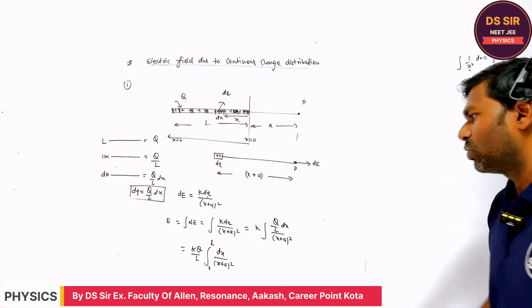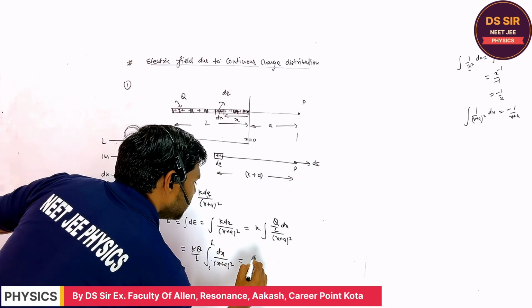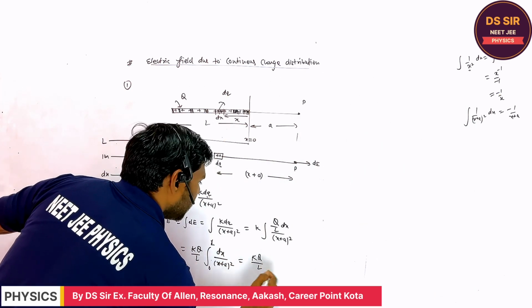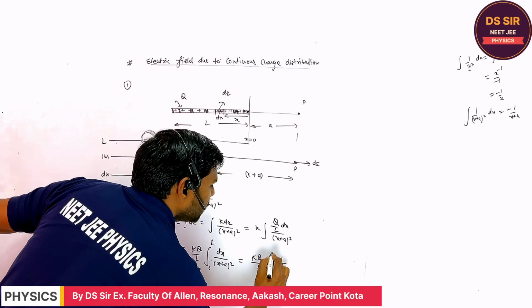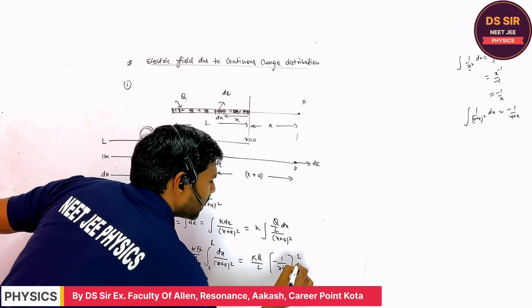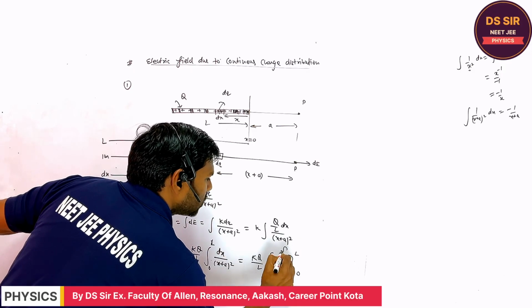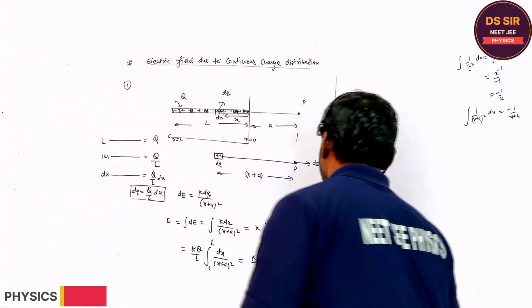So here I am writing the integration: kq upon L times minus 1 upon (x plus a), from 0 to L. Put the upper limit and minus the lower limit.